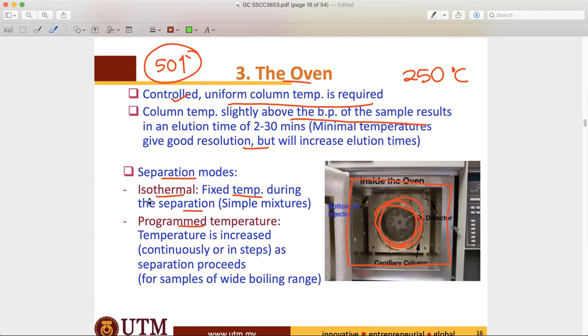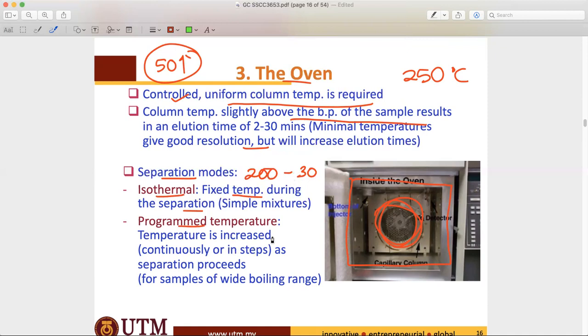This means that for isothermal mode, you would set it, for example, at 200 Celsius for 30 minutes for the duration of the analysis.